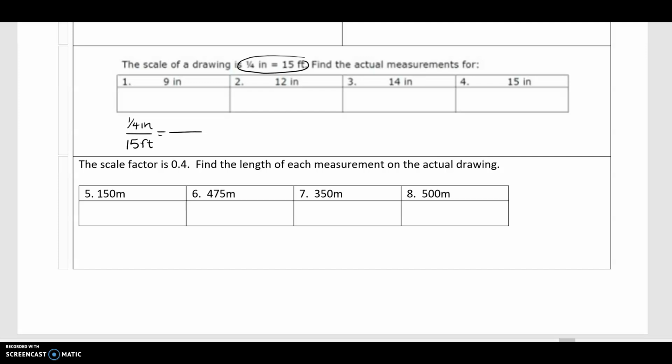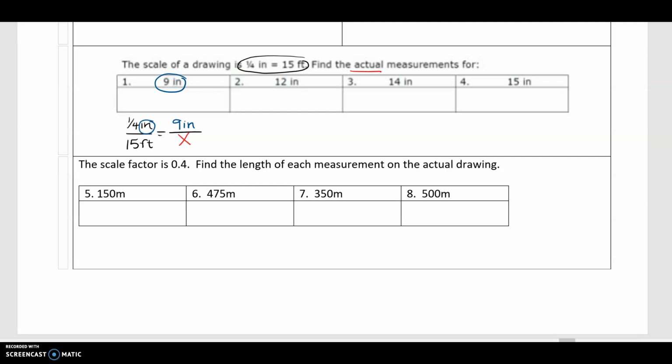Okay, so we're going to go ahead and take, this is 9 inches. So I have inches on top. So I'm going to put 9 inches here. The next time I'd put 12 inches, 14 inches, right? And I'm missing the actual. It says, what is the actual? So you're going to put your X down there each time. You're going to do your cross product and solve.